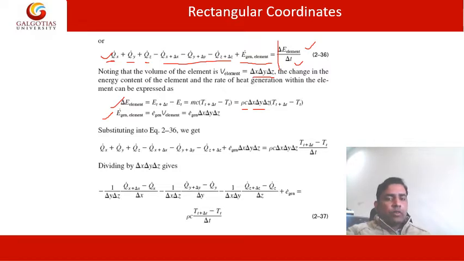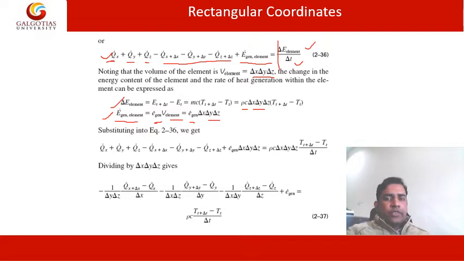Okay, so the total heat generated within the element is equal to e gen into volume. Small e gen means the heat generated per unit volume. So if we multiply this with the volume of the element, we get the total heat generated within the volume. So that is equal to e gen into delta x delta y delta z.